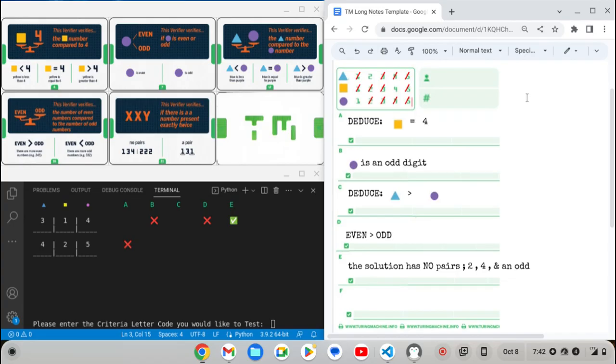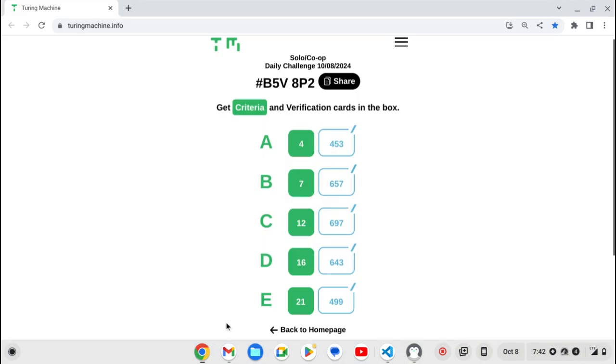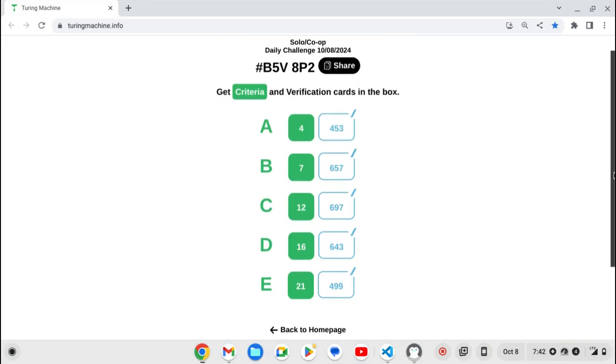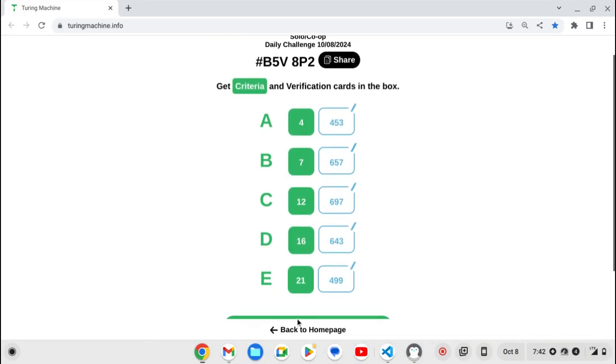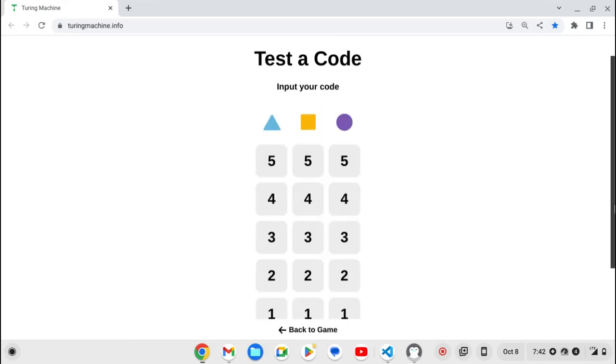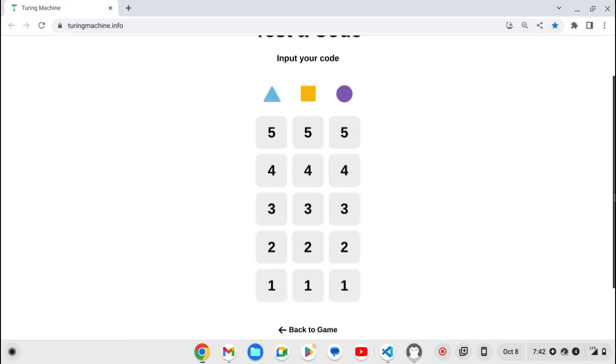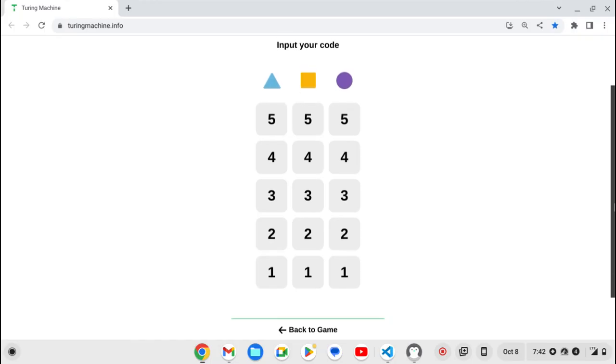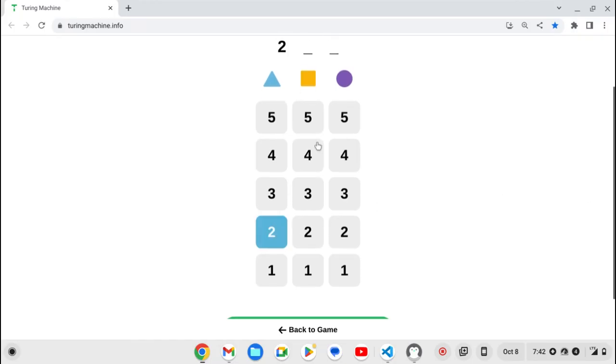All right, so we'll let that finish typing up, but let's go actually test 2, 4, 1 and see, did our deductions pay off? So 2, 4, 1. Fantastic. Yes, they did pay off.